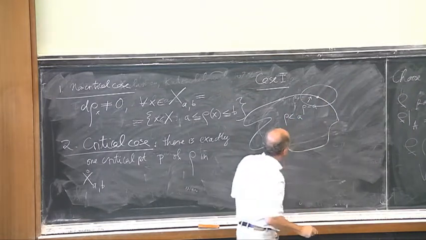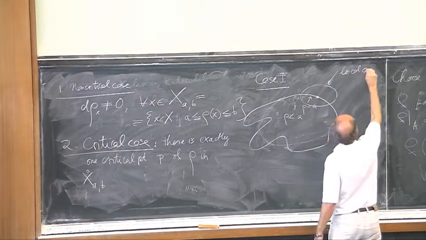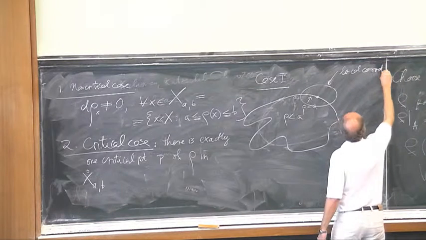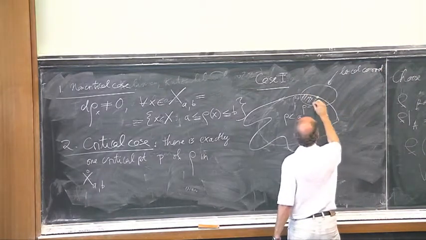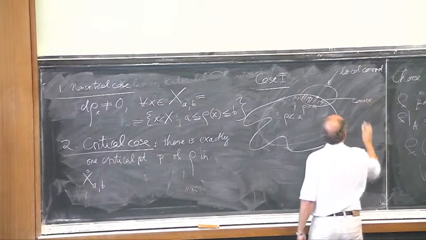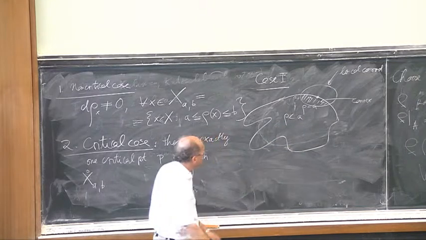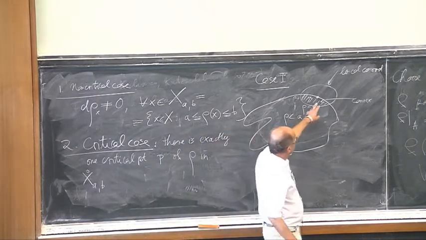So there exist local coordinates such that this part is convex. And in fact, you can even make it look like a ball, like a sphere, to second order.